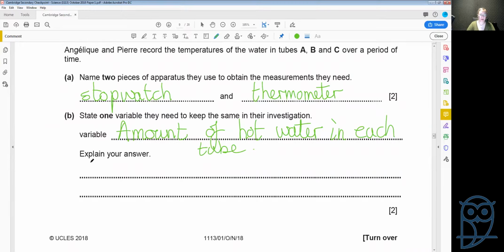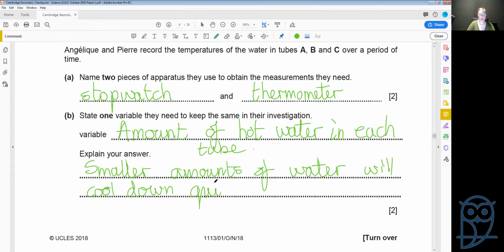And to explain our answer, smaller amounts of water will cool down quicker.